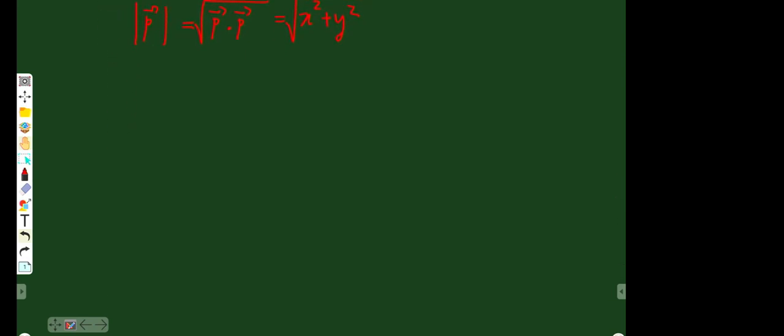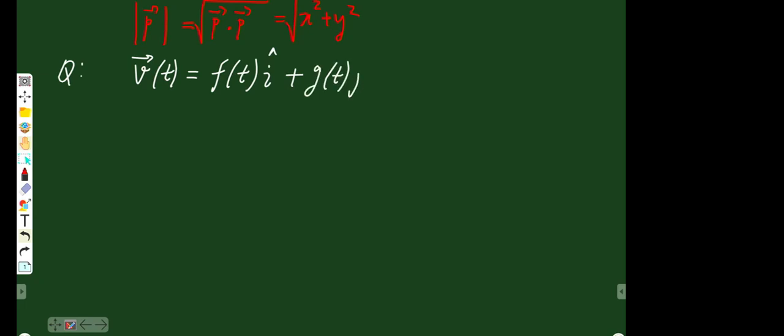So you can have a question like this: velocity is a vector, function of time, right? So that means here you have a function of time, plus g, a function of time here. But you understand this velocity is a vector. So if you need to find the speed, so this is the velocity, right? What do you do?